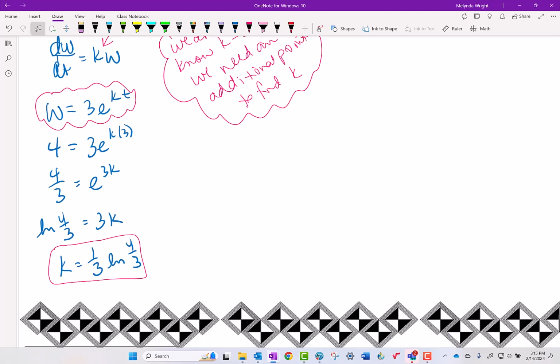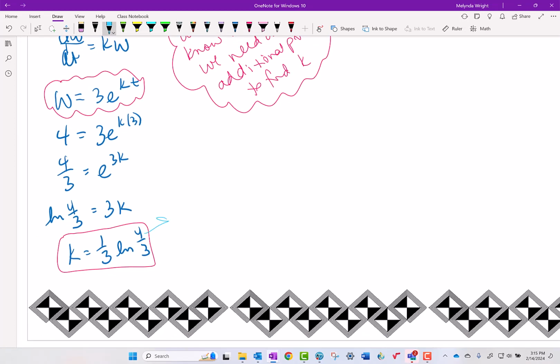So let's make ourselves a note. We circle k, so that we can use k in future work on this problem and not have to write 1/3 ln 4/3 over and over again.